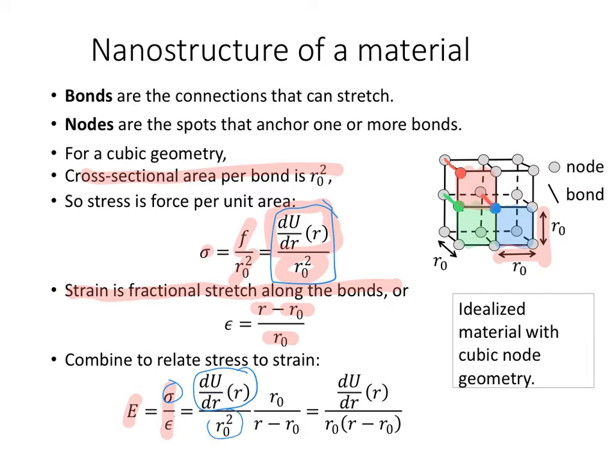And then to divide by the strain, we will invert this, which we have here. Then looking at that, we see we can cancel the R naught with one of the R naughts there, getting rid of the squared sign, leaving us with the derivative of the energy function divided by R naught times the difference between R and R naught.